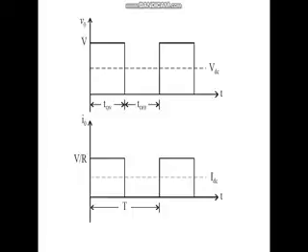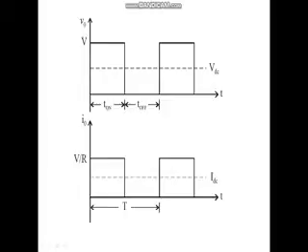At the end of T on, we remove the gate pulse. What will happen? The thyristor turns off. During the interval T off, no voltage appears across the load, so the output voltage is 0.